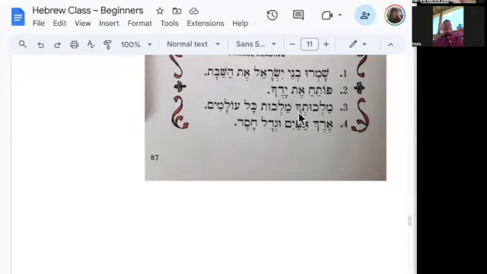And number 2. Hotea. Et. Yadecha, your hand. פותח את ידיך. פותח means to open. You open your hand. Yadecha is hand. Why do you open your hand?